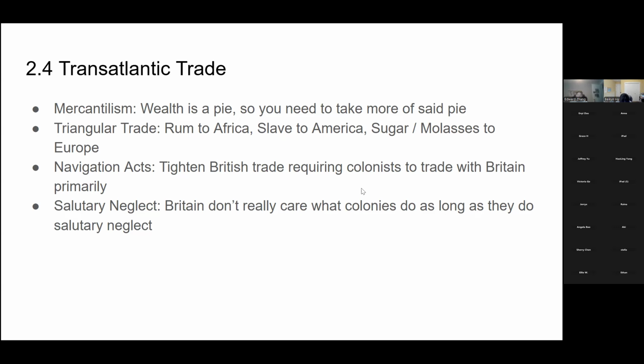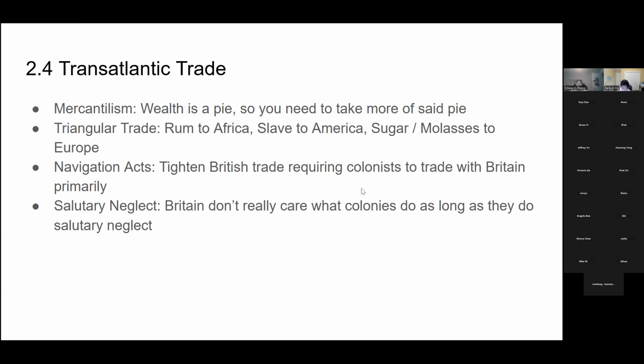Sugar was also expensive because of this, because they weren't allowed to trade with other colonies. And then with the Navigation Acts, right, you might think that the colonists would have hated it, right? But the British Isles used what is known as salutary neglect. So Britain kind of let the colonies be their own independent country, right? So the colonies were pretty much their own independent entity.